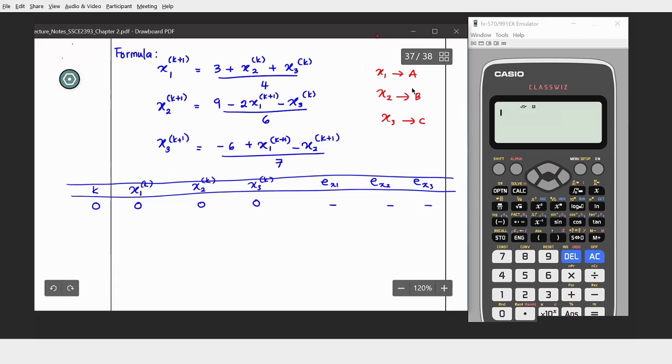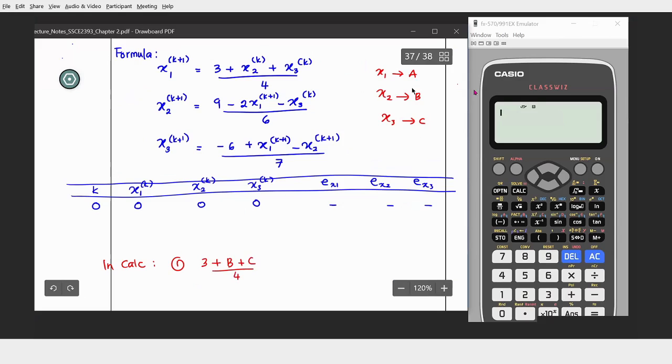Okay, so that's on your calculator. Meaning the first one we want to store in your calculator is 3 plus B minus C over 4.